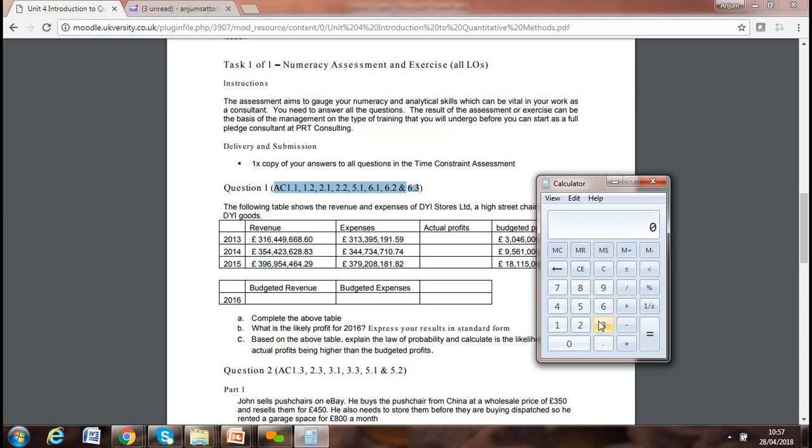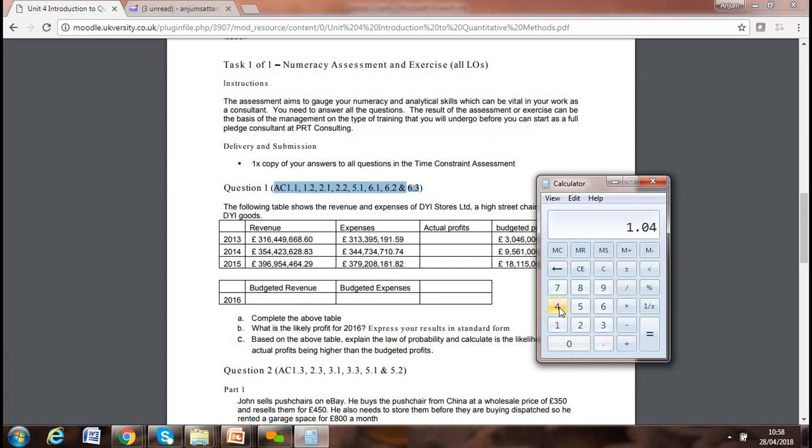Then, if I carry on reducing by 8% every year, in 2016 how much percent will my revenue increase? 4%. If I need to increase by 4%, how can I write 4%? It means 1.04.